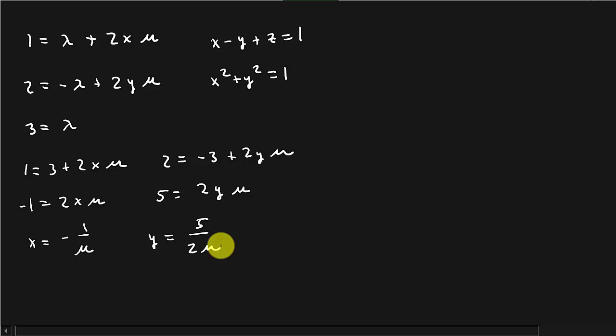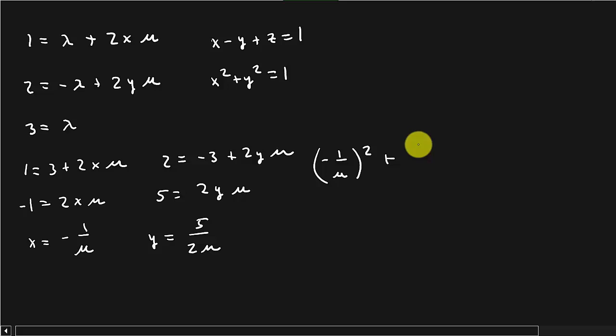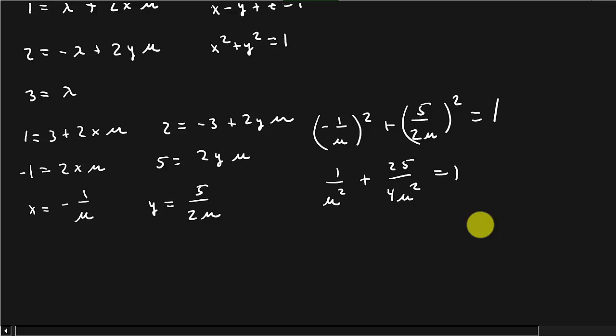All right, so what can I do there? This is going to allow me to solve for mu, right? I can take this and plug it into here. So that's going to give me negative 1 over mu squared plus 5 over 2 mu squared equals 1. So that's 1 over mu squared plus 25 over 4 mu squared equals 1.